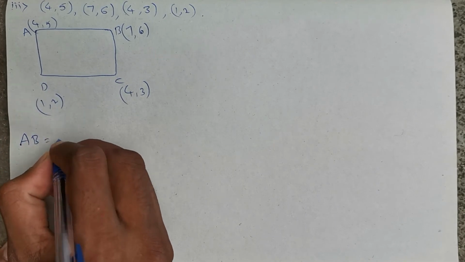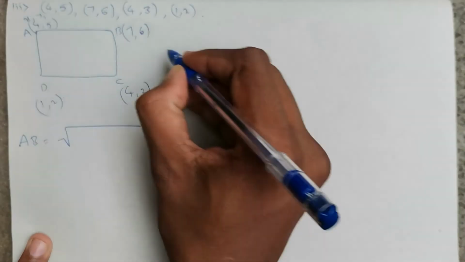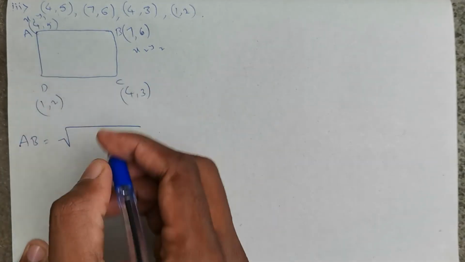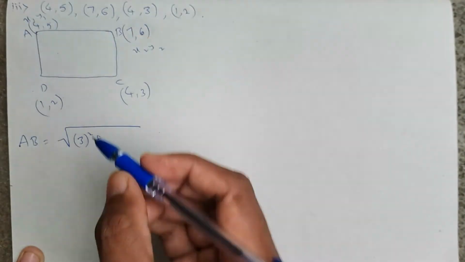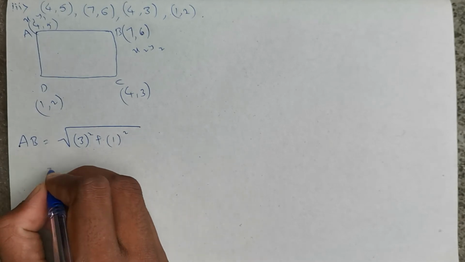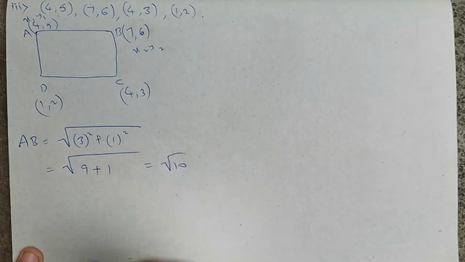AB is equal to under root, here A, here B. So this I am taking as x1 y1 and this as x2 y2. x2 minus x1, 7 minus 4, 3 square, plus y2 minus y1 whole square, 6 minus 5, 1 square, is equal to under root 3 square is 9 plus 1, that is root 10.